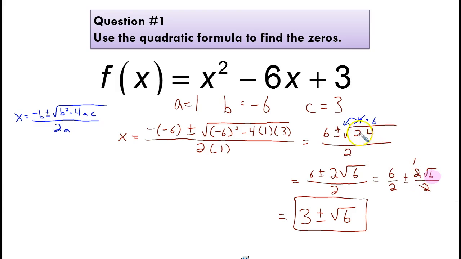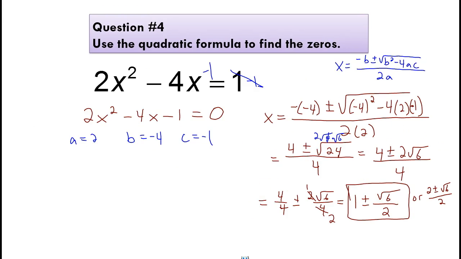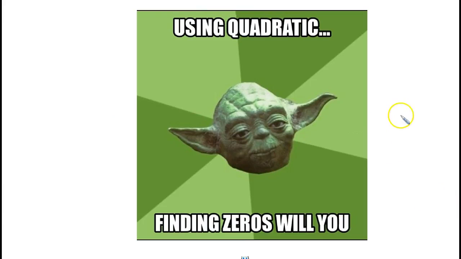So if your discriminant is a perfect square, none of these happen to be that way, they all had something left under the radical. But if it's a perfect square, you actually have to work out the problem all the way and get the 2 integer answers, or the 2 rational answers. You want to make sure that you work it out as far as you can.